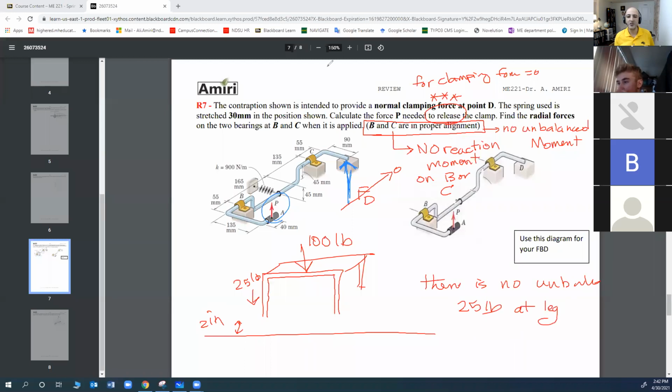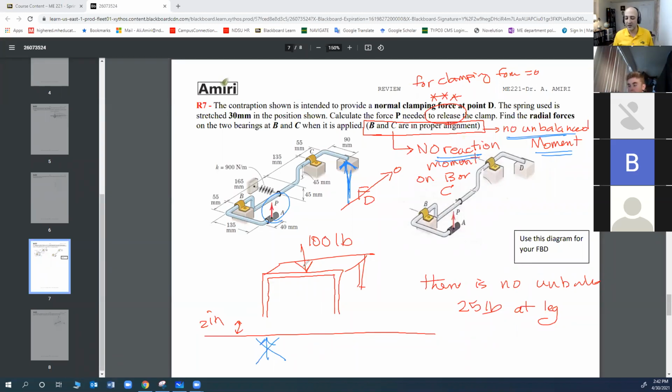As far as the floor is concerned, the floor is like, I don't feel anything. So the floor is not going to have those 25-pound forces that we had before. See what I'm saying? There's not going to be a force because there is no active force, there is no reactive force, there's no action, there's no reaction. Same thing here. When it says proper alignment, it means there is no unbalanced moment. There is no action, therefore there is no reaction needed from the bearings. So that's the meaning of proper alignment.